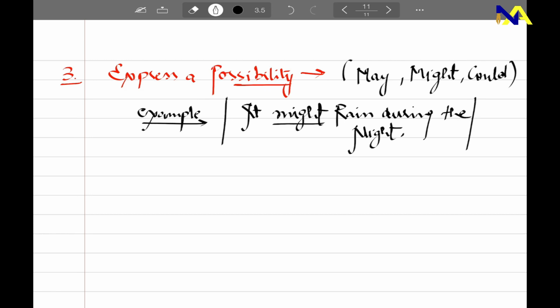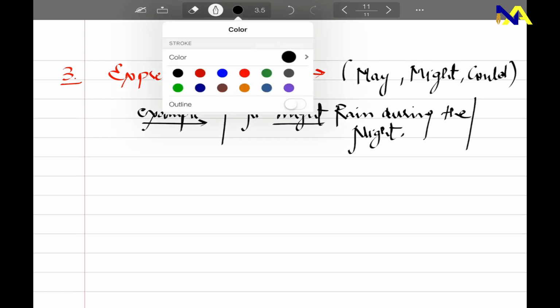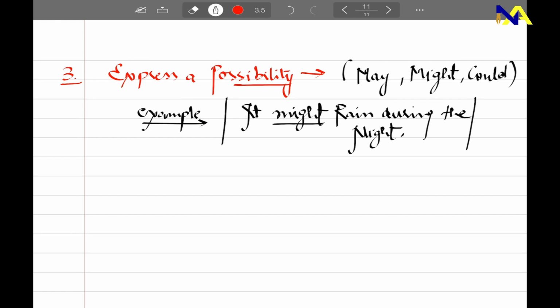Like, you're not very sure, we can't be very sure about the weather, but then there are chances, and if there are chances then you can use may, might or could. All three of them have quite similar meaning of possibility, so you can use any of them.